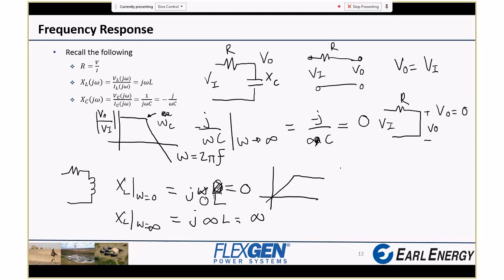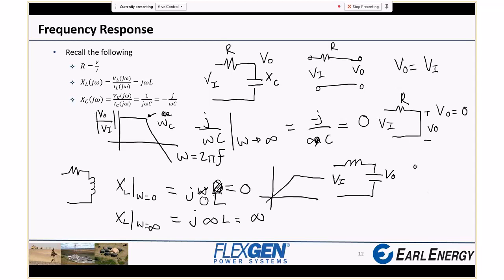So if we use them together this way, L in series, capacitor sort of returning, what we get at low frequencies is that the inductor is essentially a short circuit, and the capacitor is essentially an open circuit.